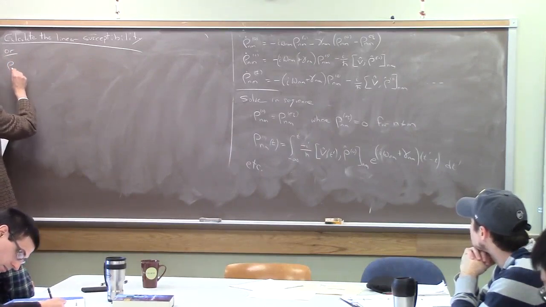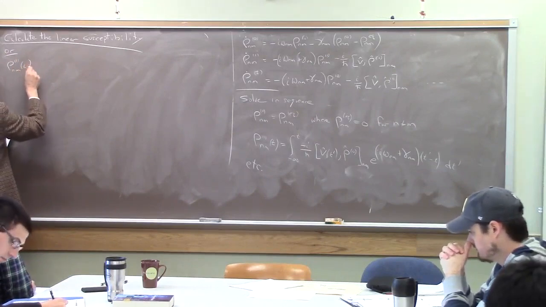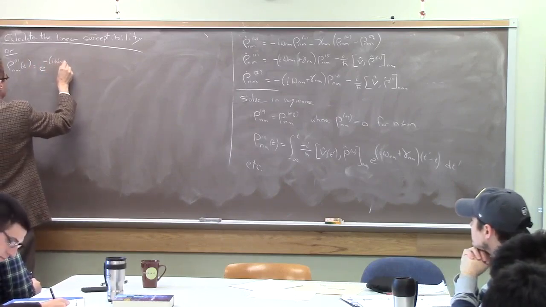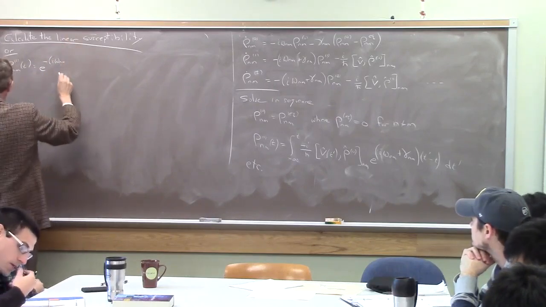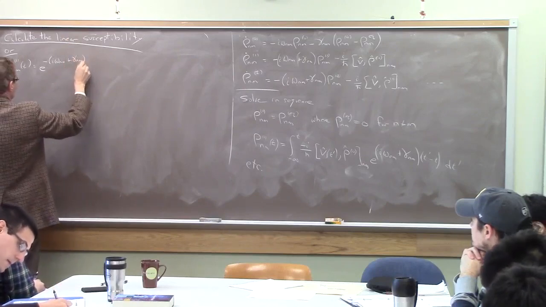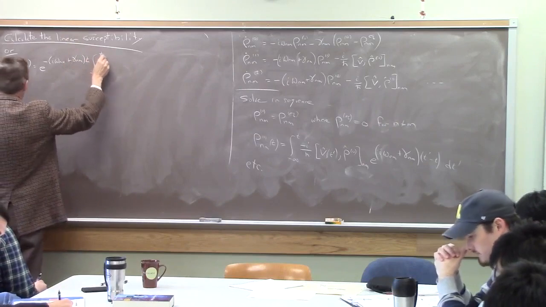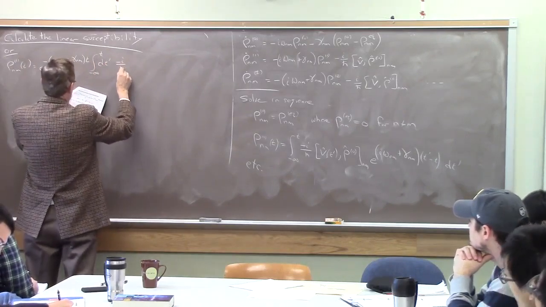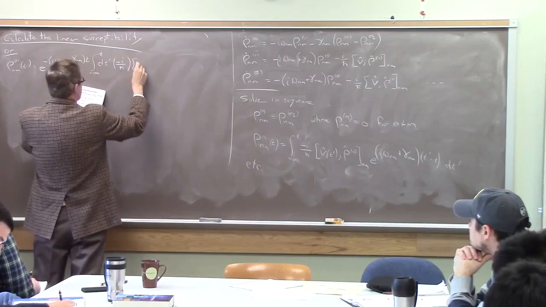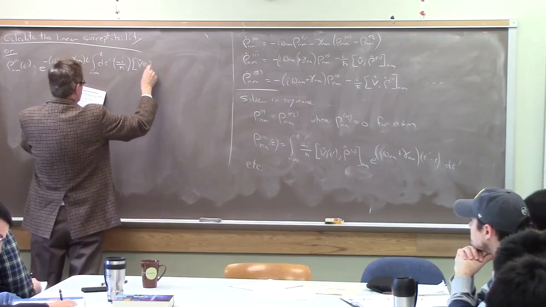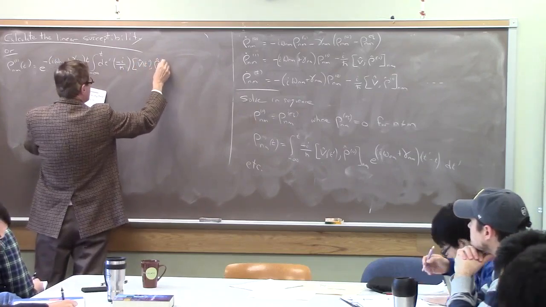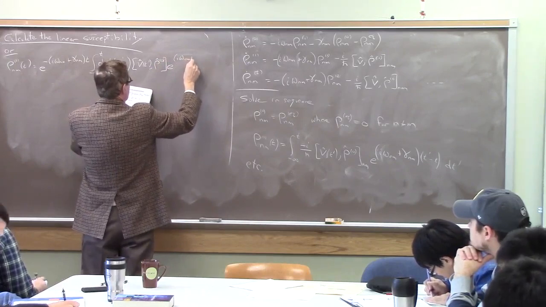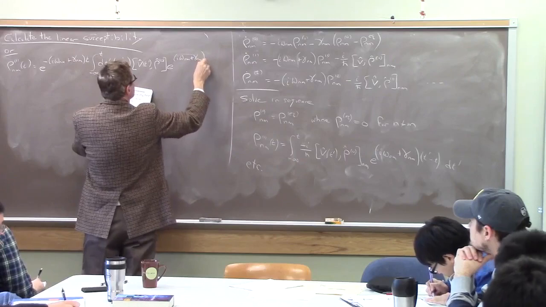So rho n m 1 of t is equal to e to the minus (i omega n m plus gamma n m) t, integral from minus infinity to t, dt prime, minus i over h bar, commutator of V of t prime with rho 0, e to the (i omega n m plus gamma n m) t prime.